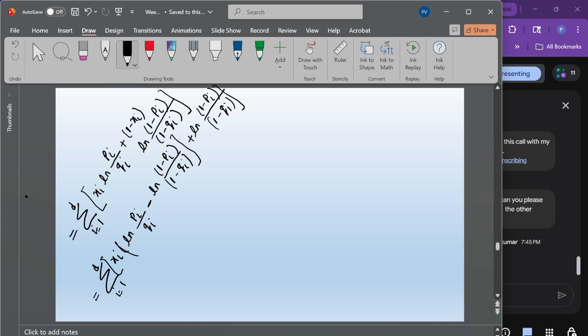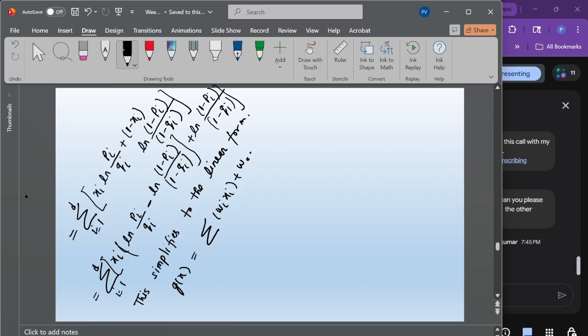So we can simplify this to the linear form. g of x would be equal to the summation of wi xi plus w naught.